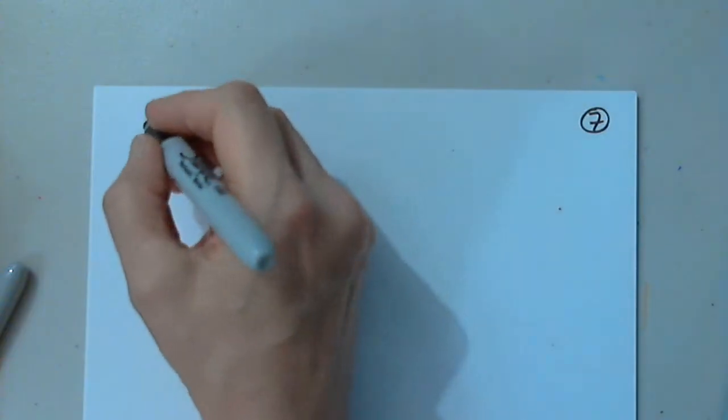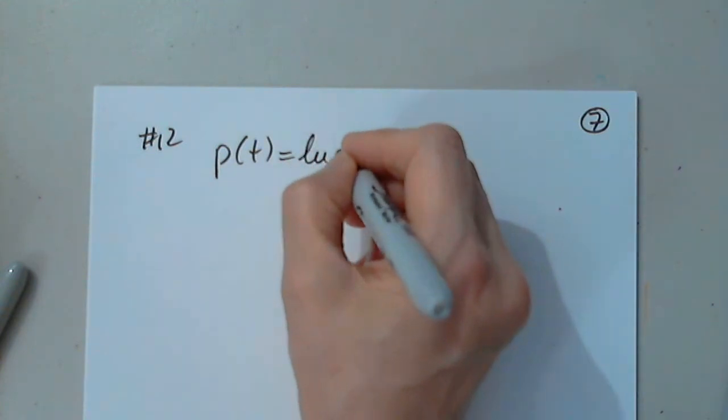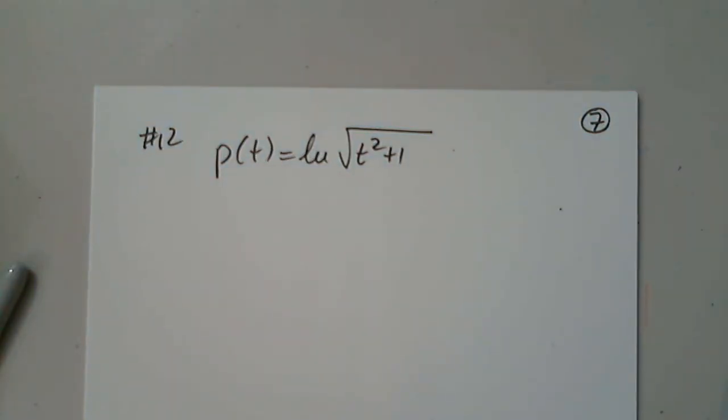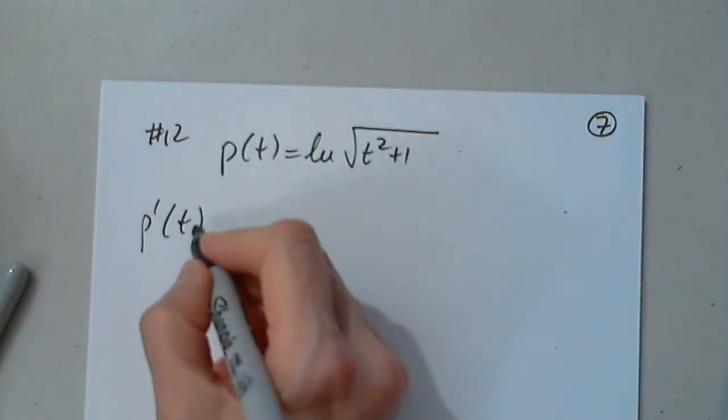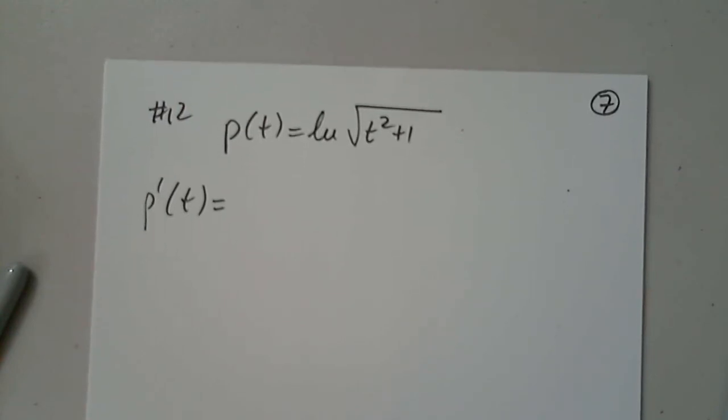I'm choosing 12, and then we'll look at anything else. So 12, we have p of t, natural log of the square root of t squared plus 1. Can anyone help us with this, with p prime of t? How do we start?